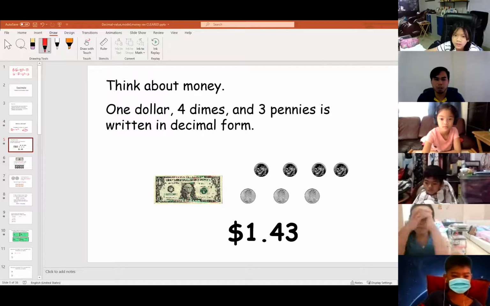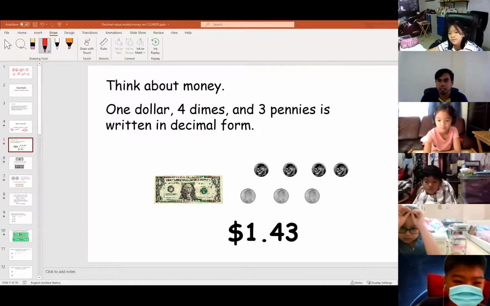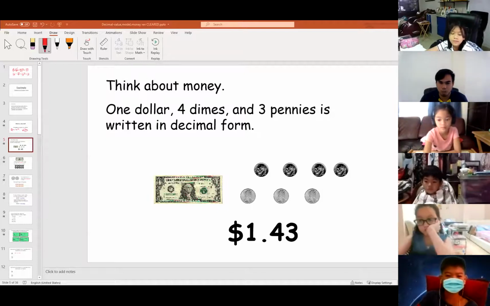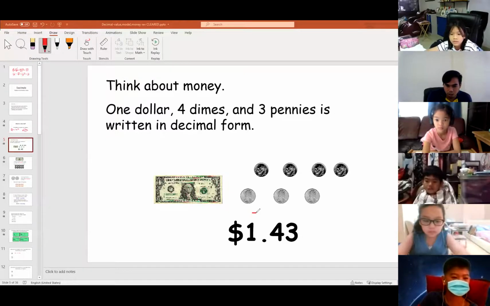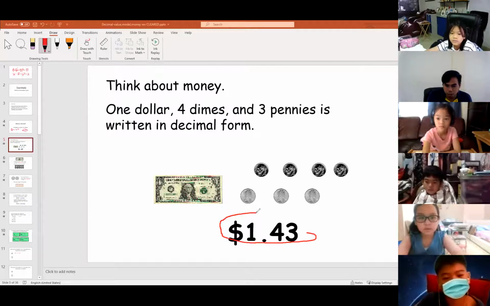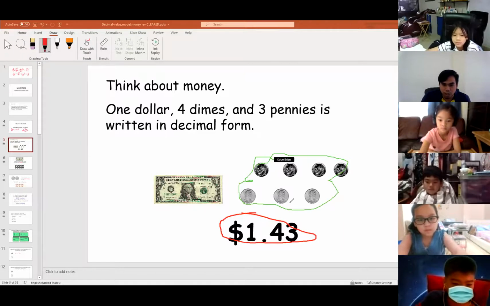Okay, so think about money. $1, 4 dimes, and 3 pennies is written in decimal form. As you can see here at the bottom, it's written in decimal form. $1 and 43 cents, right? $1.43.